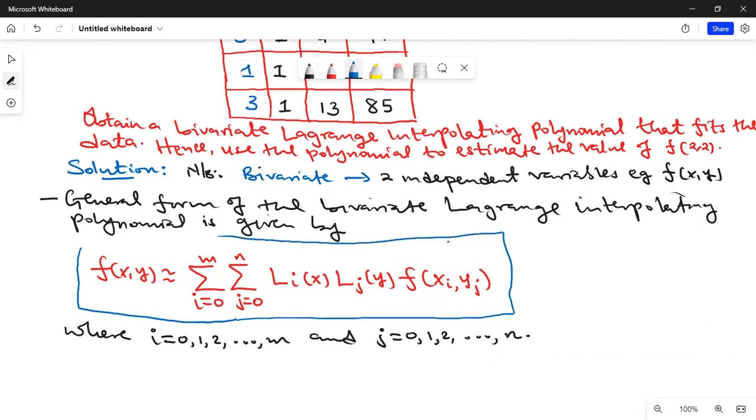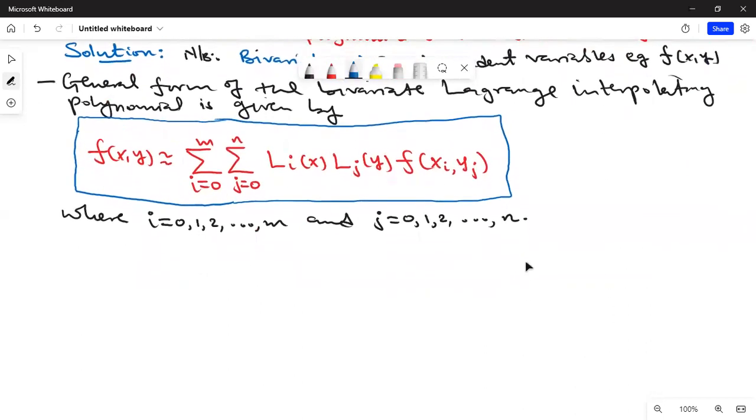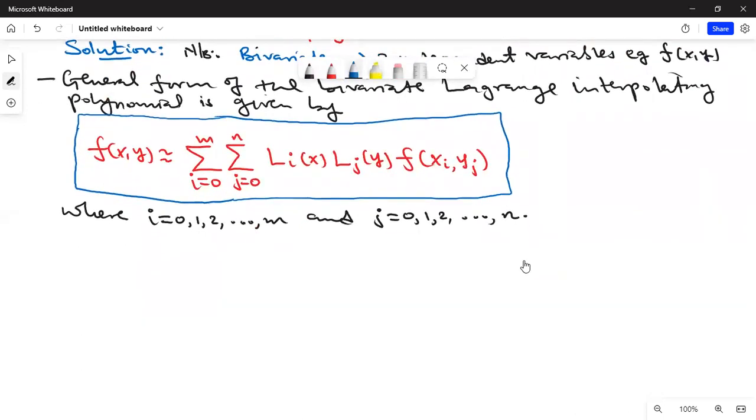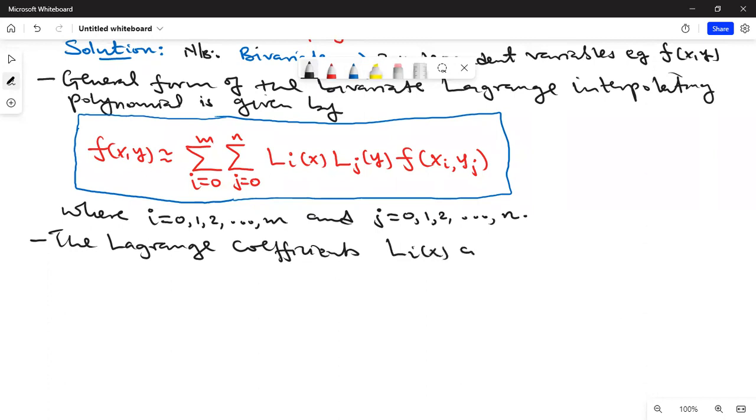So what is this Li of x and Lj of y? Those are called the Lagrange coefficients. Let me tell you how we define those coefficients.